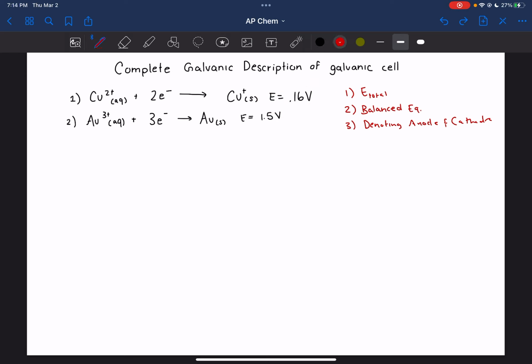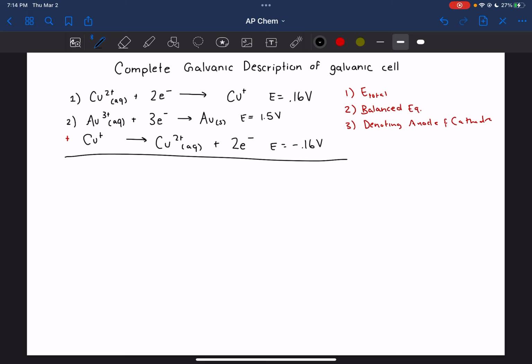So now I'm going to flip my Cu equation, so Cu plus as an aqueous ion decomposing to Cu2 plus aqueous plus 2e minus, and my E now becomes negative 0.16 volts.